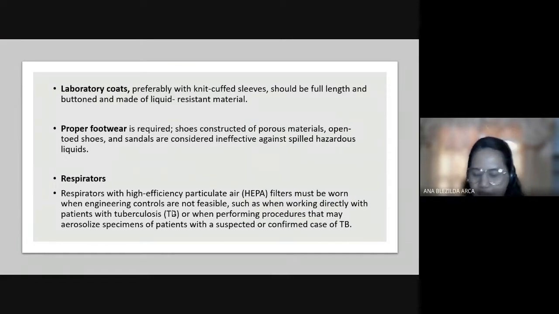Yung respirator class, yung mask natin, is it a respirator? Hindi siya respirator class, mask lang siya. When you say respirator, meron siyang mga filter. Ito yung special mask na merong mga HEPA filter. Okay? Ginagamit siya if you're working with highly infectious microorganism that you can get through aerosols or droplets. Example of that is the COVID and also the tuberculosis.